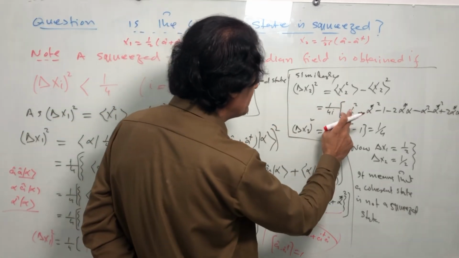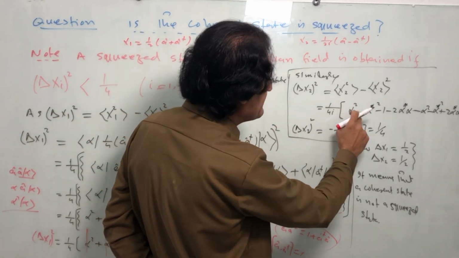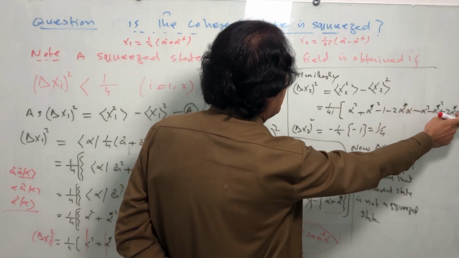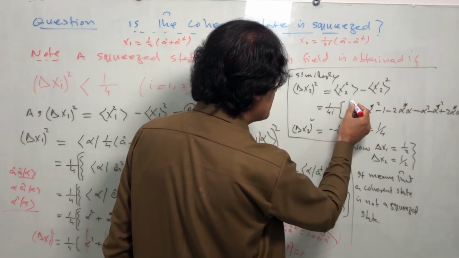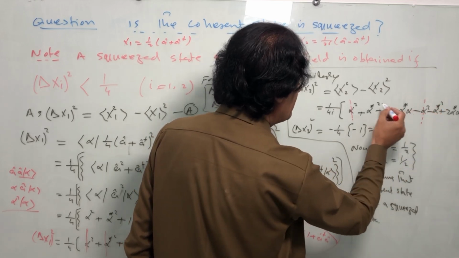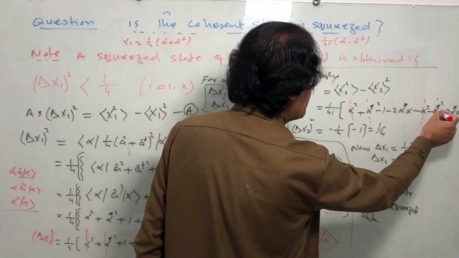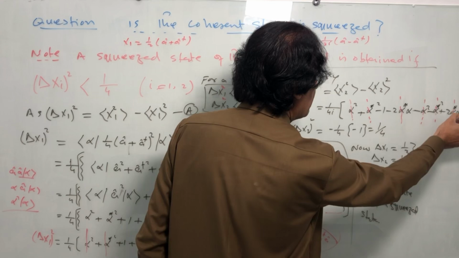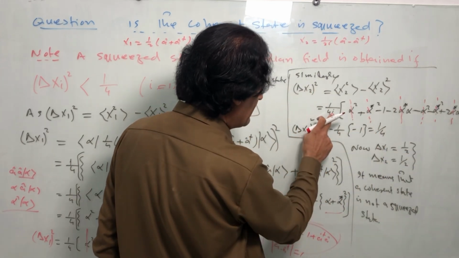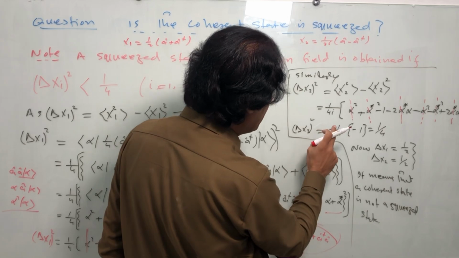We get alpha squared plus alpha star squared minus 1 minus 2 alpha star alpha, and the alpha terms cancel out with each other. You get minus 1 here.